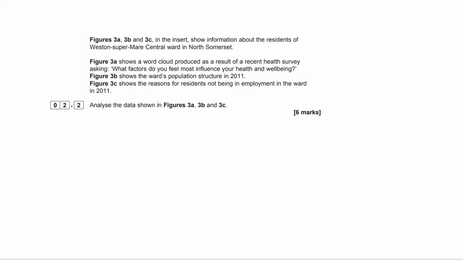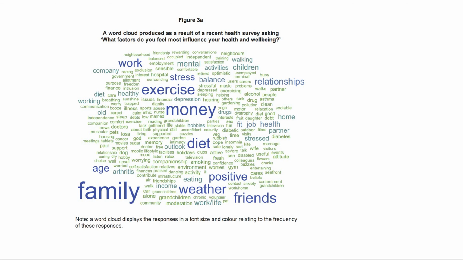Now you've got to analyse, so it's an AO3, so it's very data rich, but you must include comparisons between all three and drawing comparisons. Also, because some of it is qualitative, you'll want to use direct quotes. So for instance, for the first one, some of the strongest words that came across in the health survey, such as family, exercise, money.